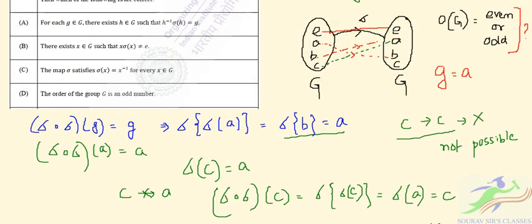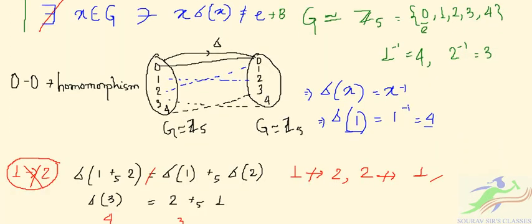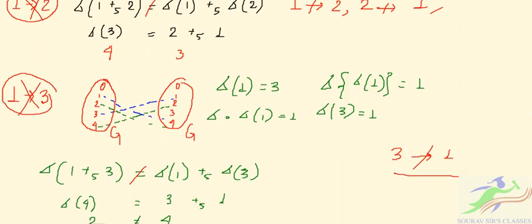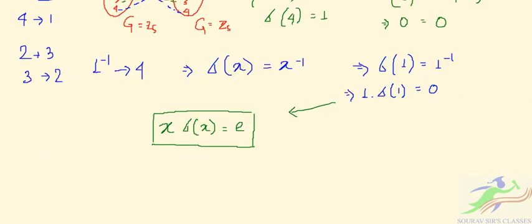So what is option A? For g belongs to G, there exists h, which is also an element of G, such that h inverse sigma h is equal to g, an element of that group. So let us solve it also to check whether A is a correct one or not.